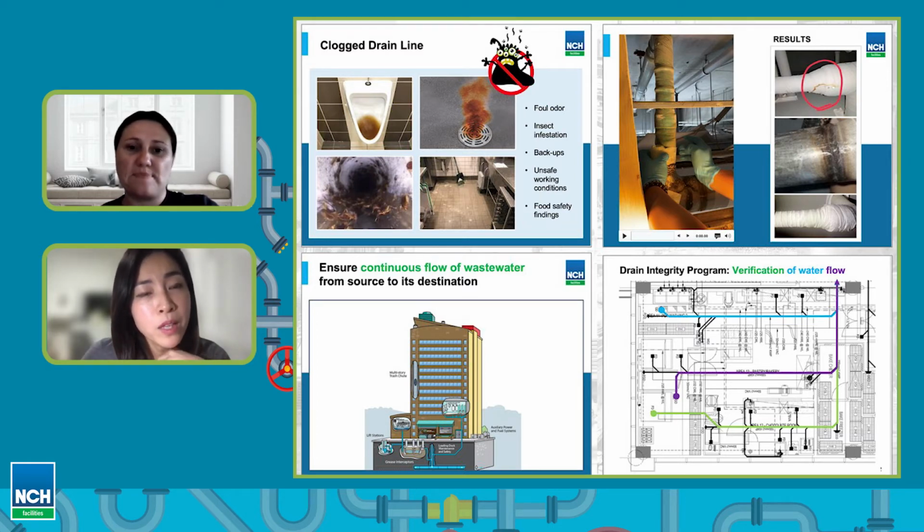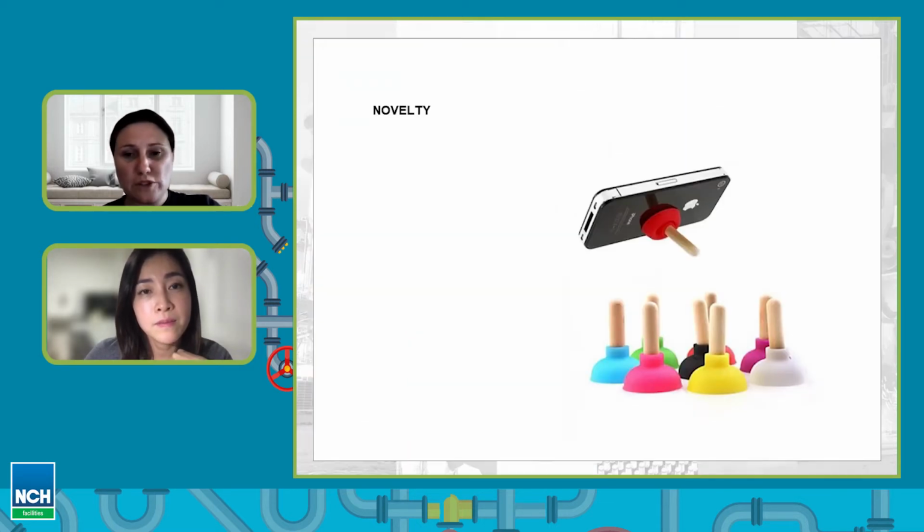And what about the novelty? What item are our attendees going to receive afterwards? Yeah. So we have this wonderful novelty, which is not only a plumbing tool, but it also acts as a phone holder. So depending on the country, we will bring this in, or bring in a nice little novelty.